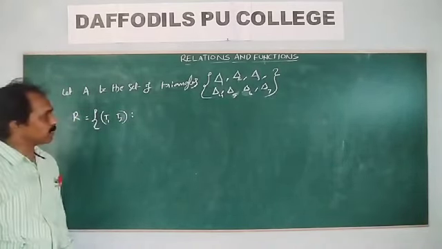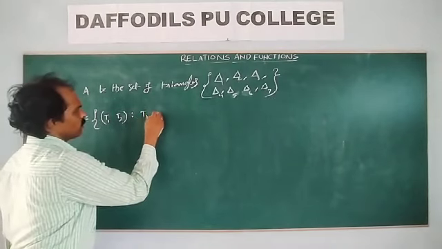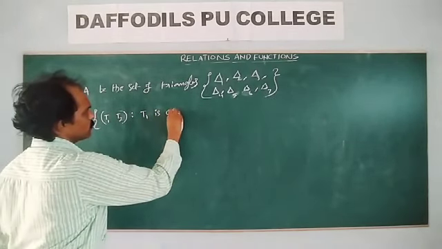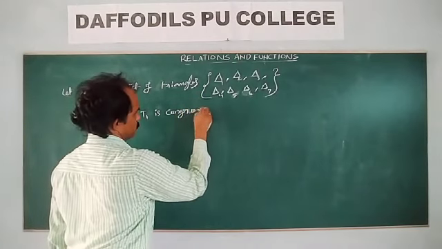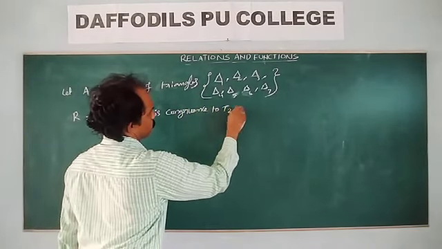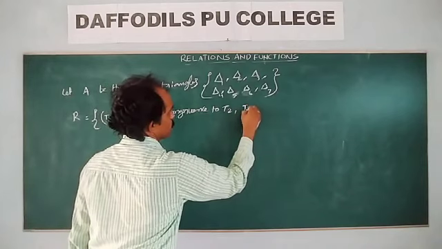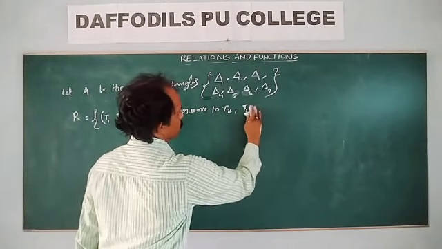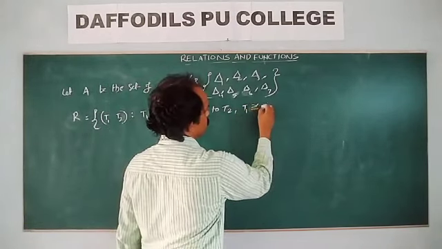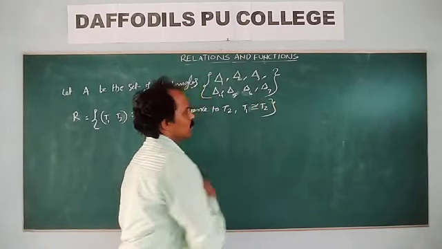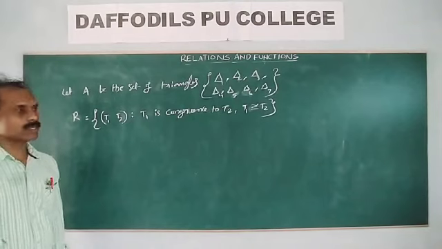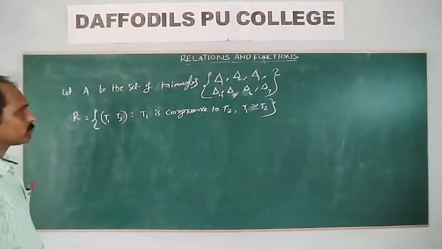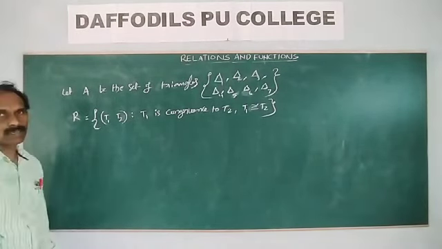R is written as: T1 is congruent to T2. Okay, right. This is the relation.